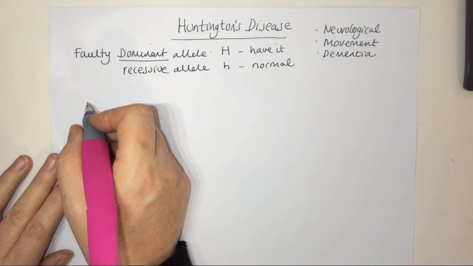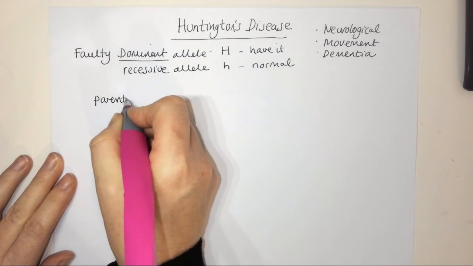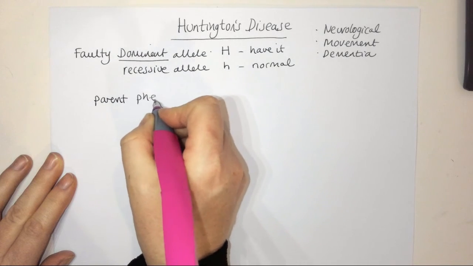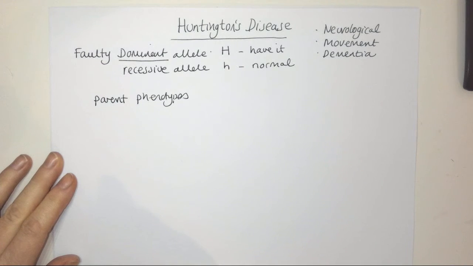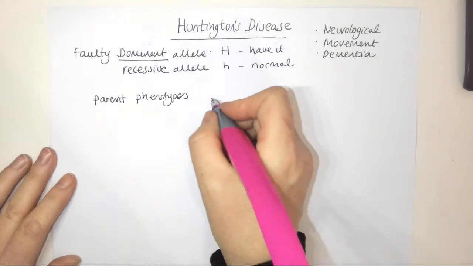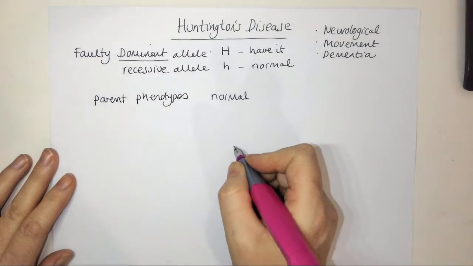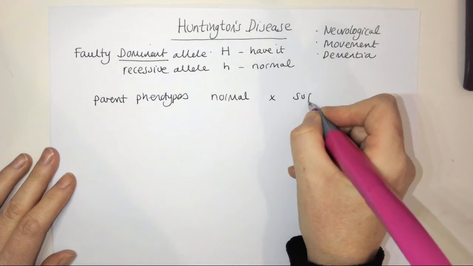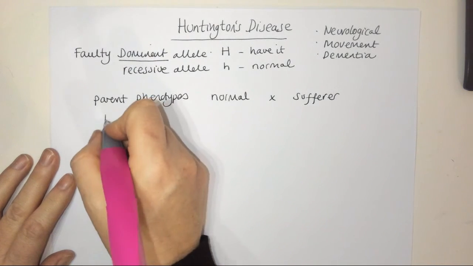Let's have a look at an example of a cross. So let's have a look at parental phenotypes. Let's have somebody who is normal, a non-sufferer, and a sufferer. Now let's have a think then. Parent genotypes.